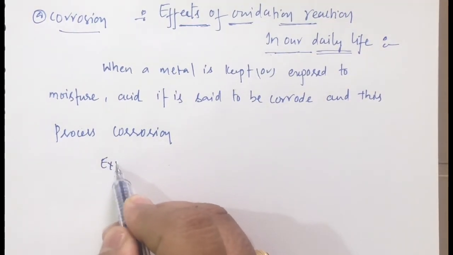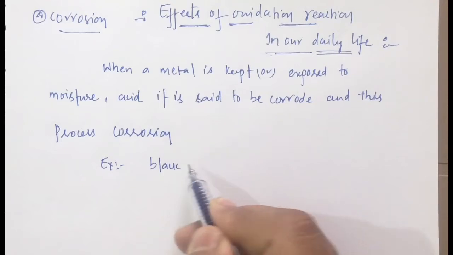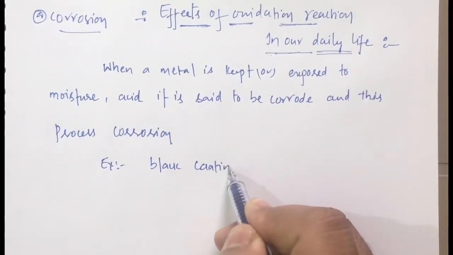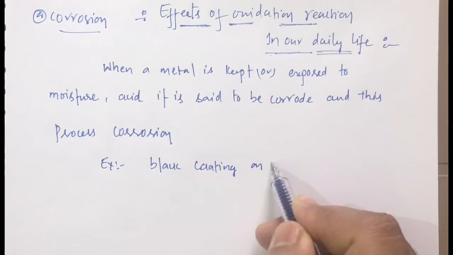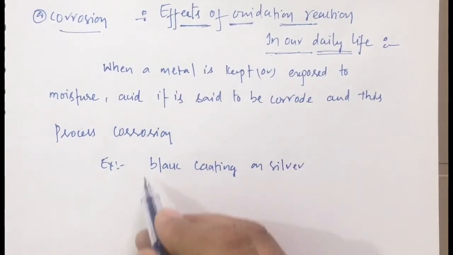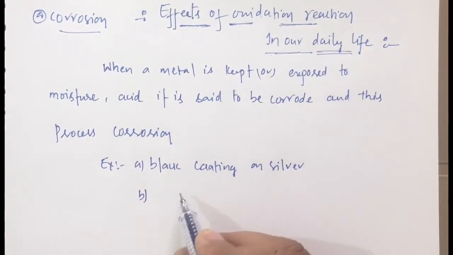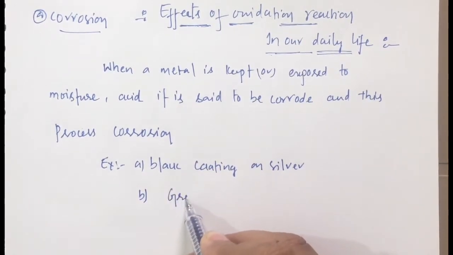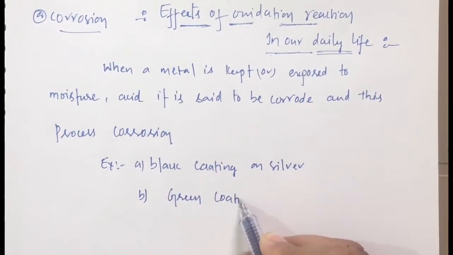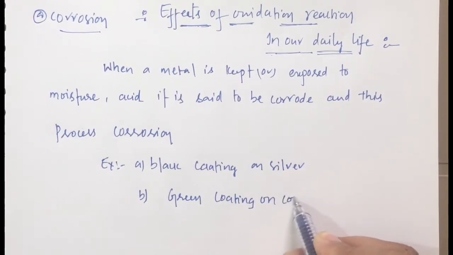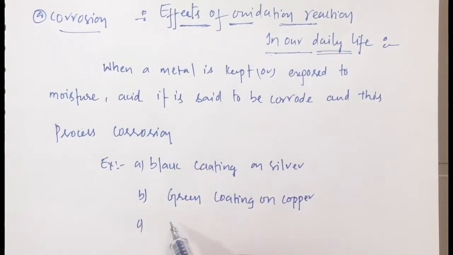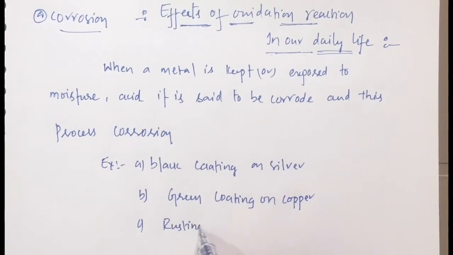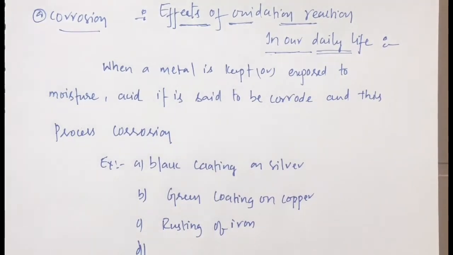Examples of corrosion: black coating on silver. Sometimes you can find a black coating on silver. It is an example of corrosion. Another example is the green coating on copper, and rusting of iron. And sometimes when vegetables or fruits are exposed to the atmosphere, they change their color.